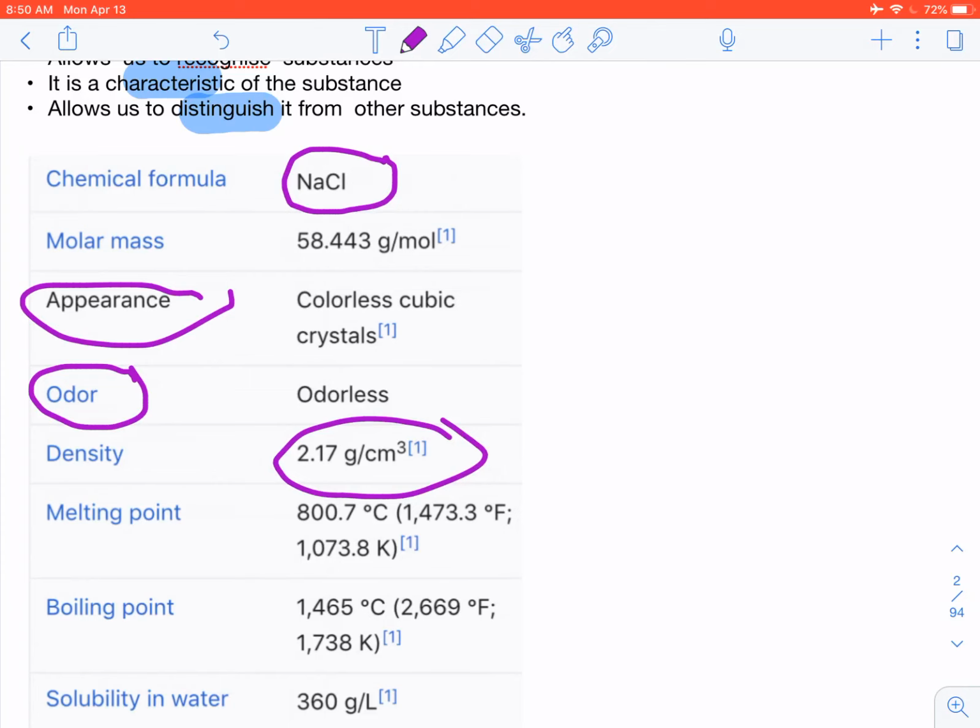And you can see its melting point is quite high, right? It's about 1073 kelvins, which is high, and we attributed that towards the very strong ionic bonds between the positive and negative ions. And look at what the boiling point is. The boiling point is 1465 degrees.